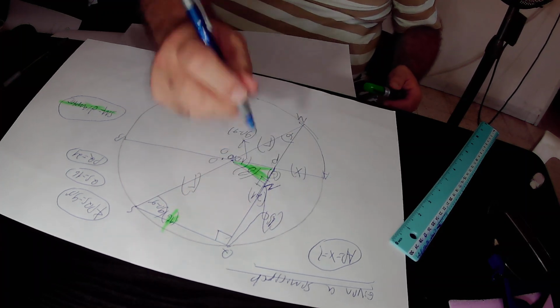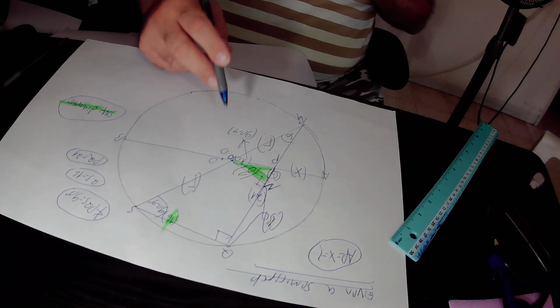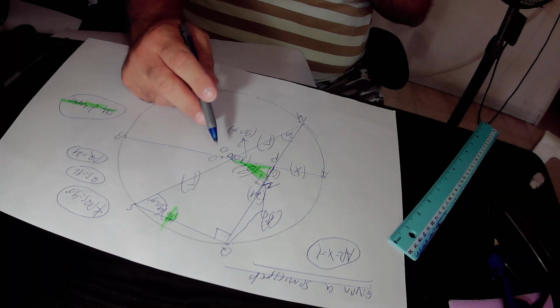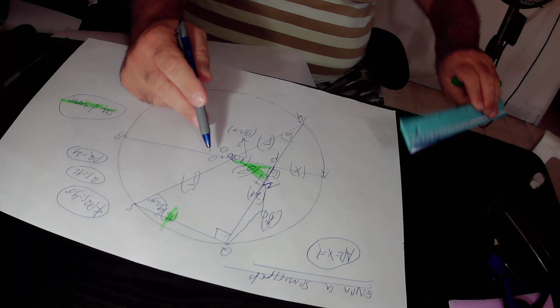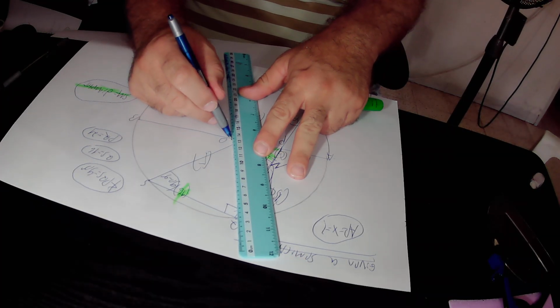In the next step, we will join points O and Q together by a straight line. Point O is the center of the circle, point Q is a point on the circle itself, therefore OQ is the radius of this circle.